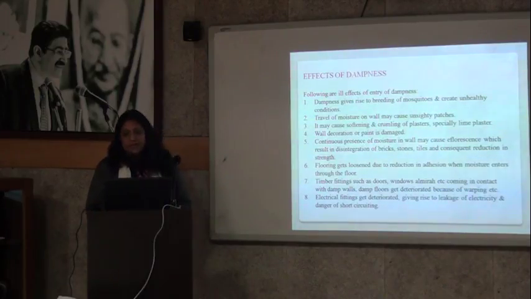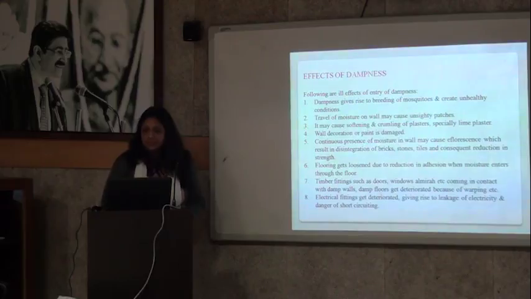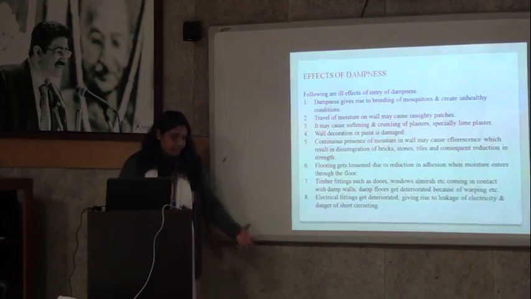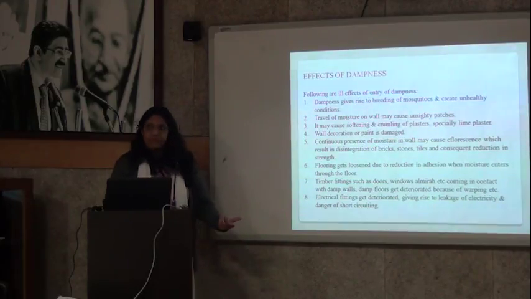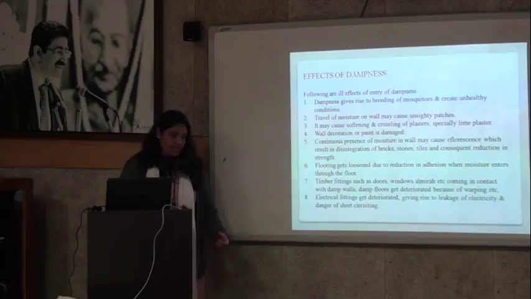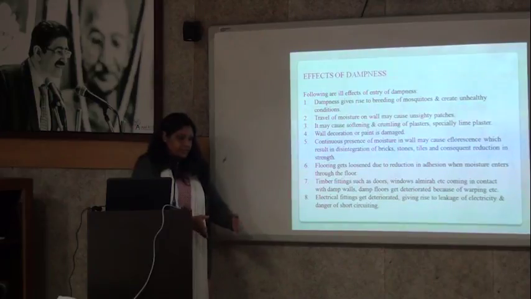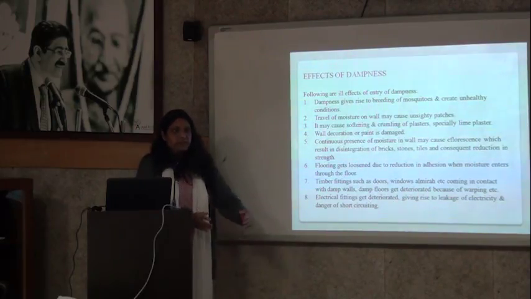Flooring also gets a very ill effect due to the presence of moisture. It gets loosened up, like if wooden flooring is done on this floor, and moisture comes beneath the floor from the slab, then whatever adhesive is being used, that stability will start reducing, and we will start seeing gaps between the floors.